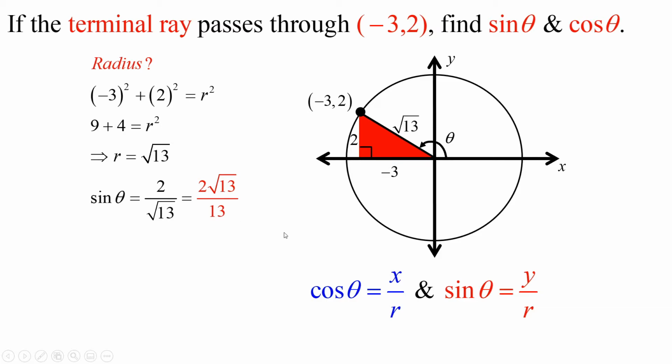Now cosine of theta is going to be x over r. The x coordinate of this point is negative 3, and the radius is still radical 13. Let's rationalize this denominator by multiplying numerator and denominator by root 13 to get negative 3 root 13 over 13. And there you have it.